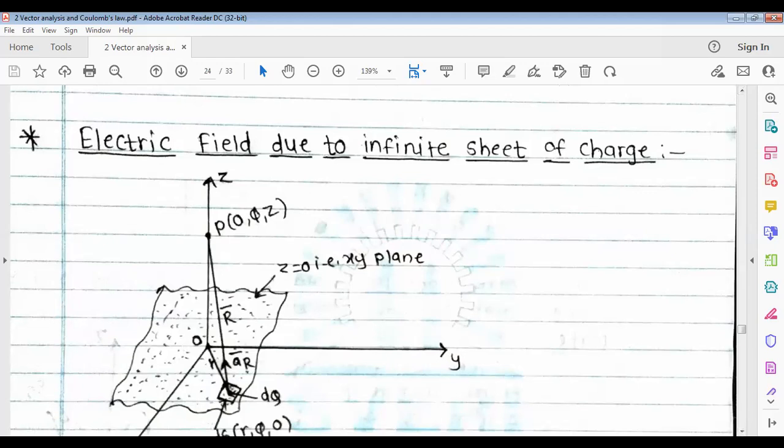But you should know, if you are considering the line charge, what is the dl, the differential length. When you are considering the surface charge, what is the differential surface area for this system. What are the coordinates? These should be correct.